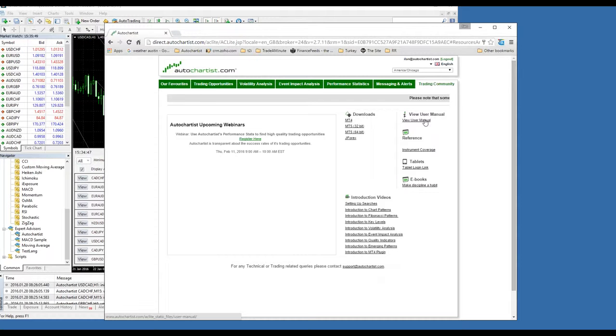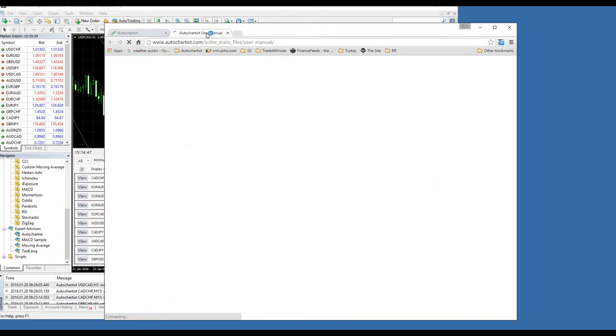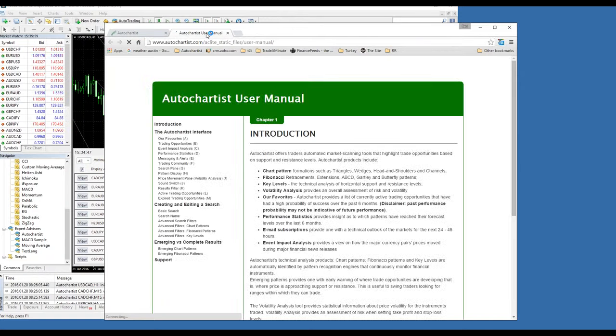Let me ask Yvette or Errol to send me the link to the user guide. Let me just get it for you. I will send it to you. Give me a second. Send to all. Okay, so there is a user guide, a link to the user manual for Autochartist.